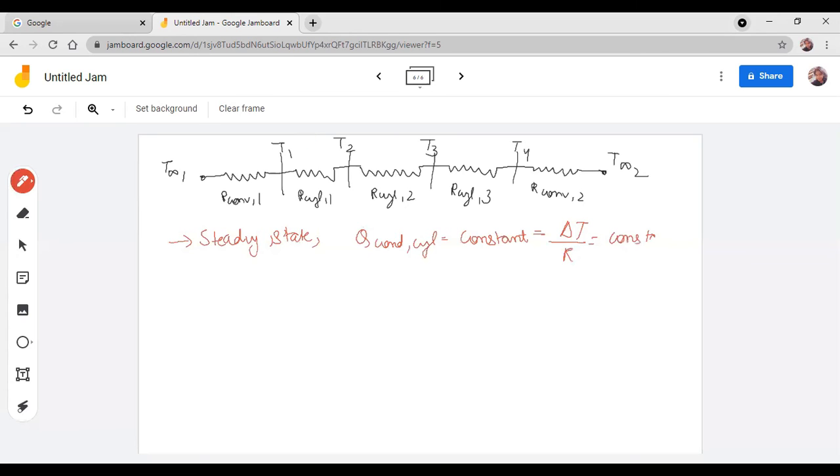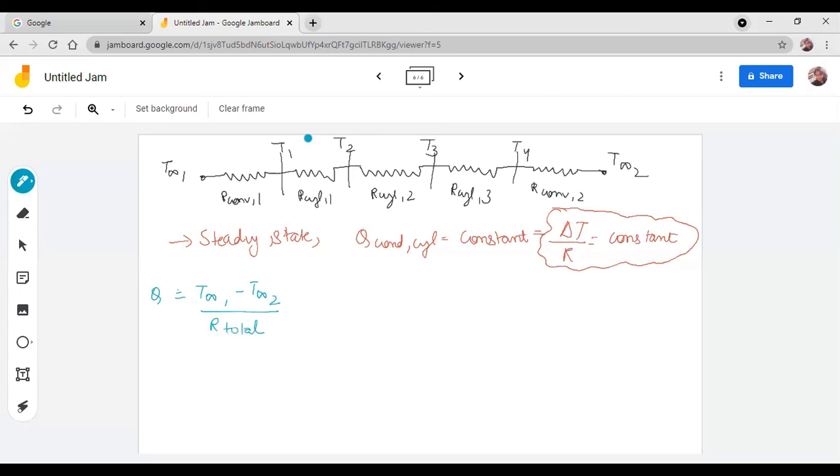So this is a very important point because this expression is how we will determine intermediate temperatures. So let's come to the expression. We know that Q conduction is equal to T infinity 1 minus T infinity 2 upon R total.